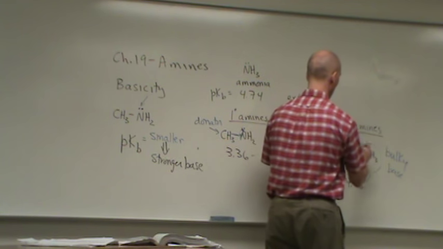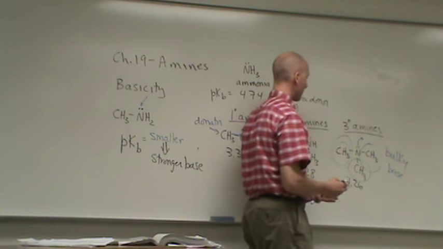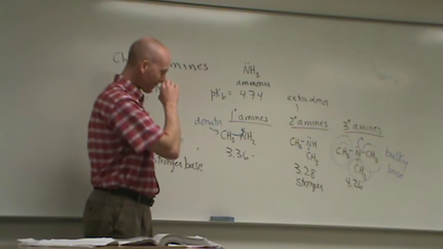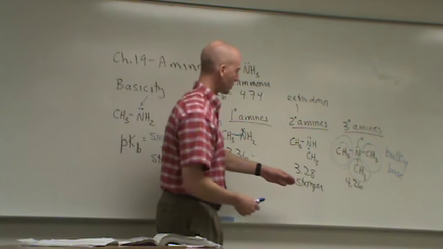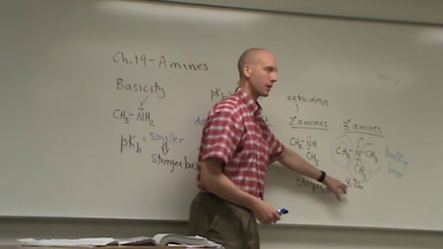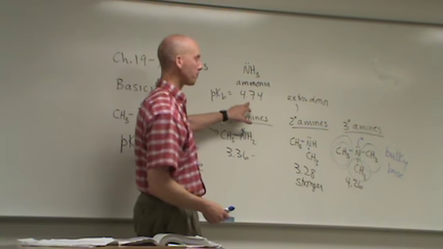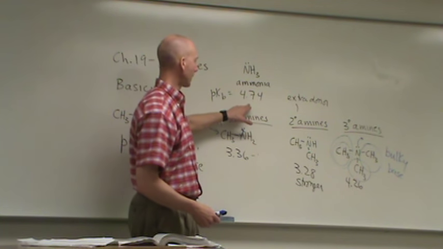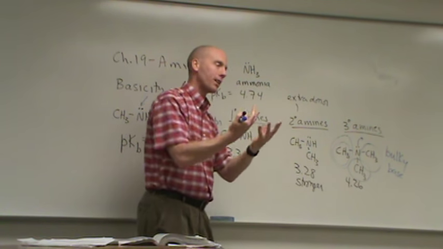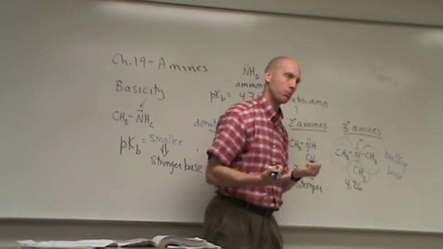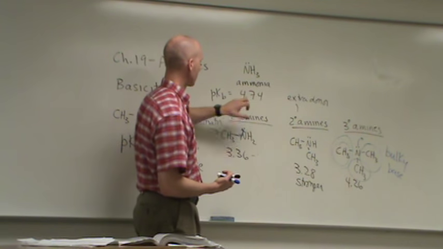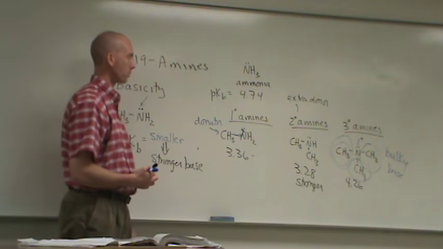So the sterics are preventing that lone pair from getting out to attack something, and so the basicity goes down. It's still more basic, interestingly enough, than ammonia, even though ammonia has 3 small hydrogens. So it's kind of balancing, because you've got those donors pushing, but it's still not less basic than that, even though it's bulky.